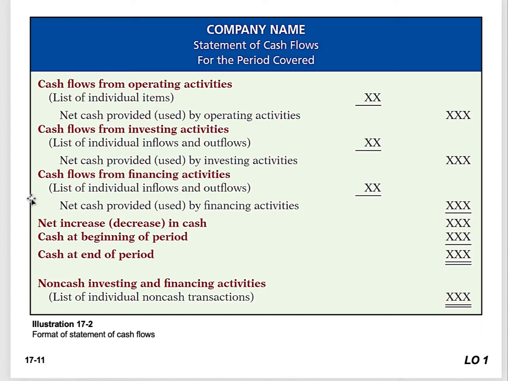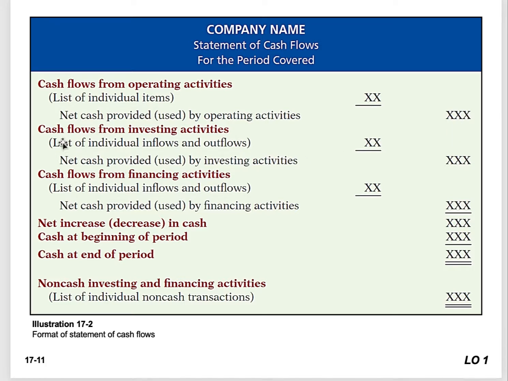Okay? So, notice the first heading, cash flow from operating activities. And then we list all the items that fit within operating activities. Notice how they're indented slightly. Then once we finish that section, we say, oh, here is the net cash that is either provided or used by operating activities. Notice where we put the amount. It's completely right aligned, right?